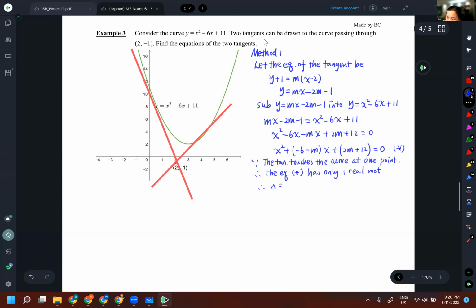Therefore, delta equals (-6 minus m) squared minus 4 times (2m plus 12) must equal 0.